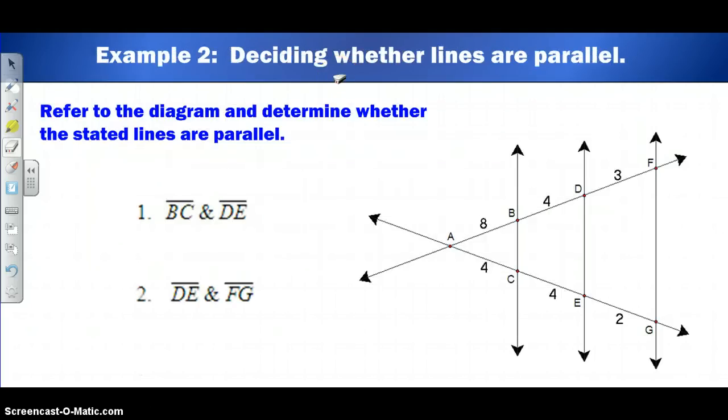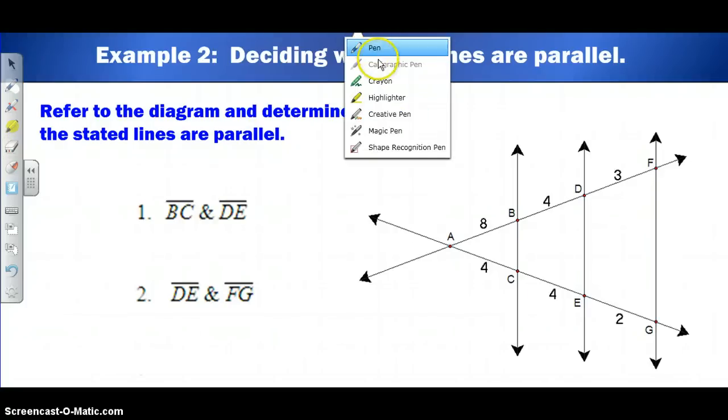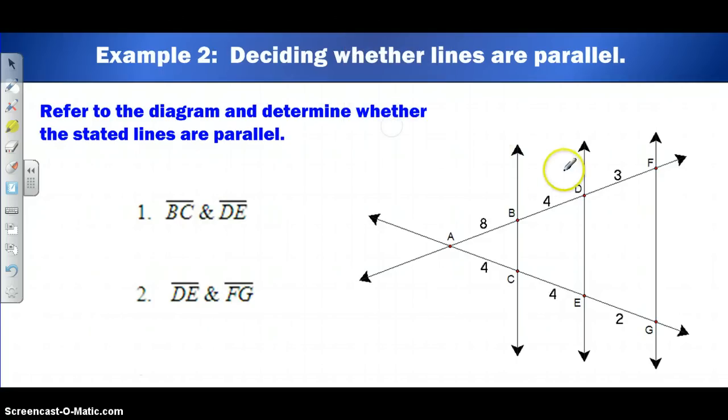So now I want to see if these lines are parallel based upon that theorem. So I'm going to be looking at BC and DE. So I'm going to compare. Is 8 over 4 equal to 4 over 4? That is the question.